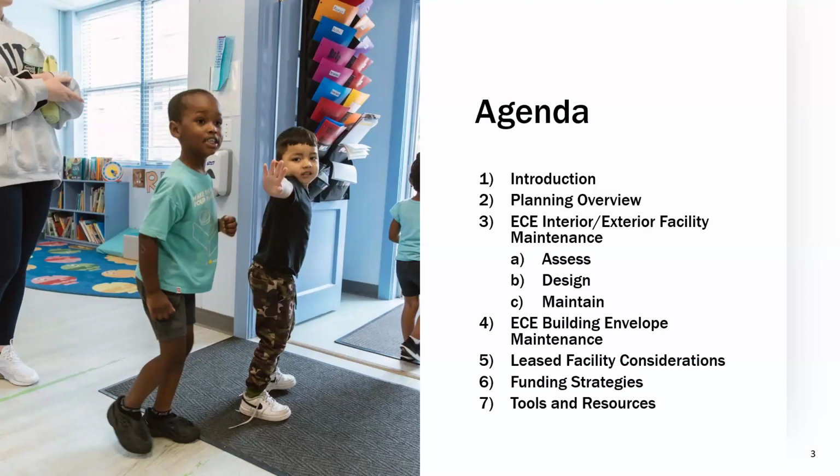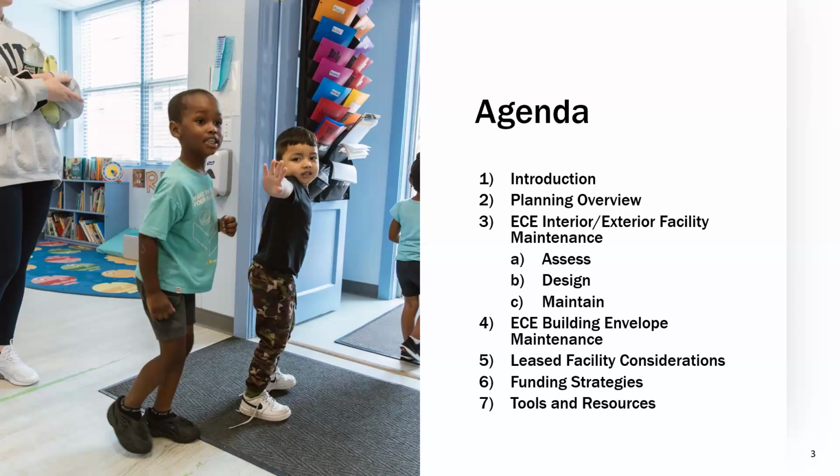That includes a little intro to LISC, as well as just an overview of what we mean when we talk about building maintenance. We'll go through some steps in the planning process to develop a maintenance plan. We'll have our partners at Studio MLA take us through some interior and exterior facility maintenance design considerations, and they'll be looking at that through the lens of assessing a site, designing or redesigning a site, and then maintaining your existing site.